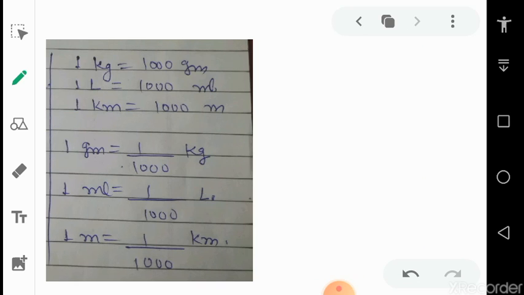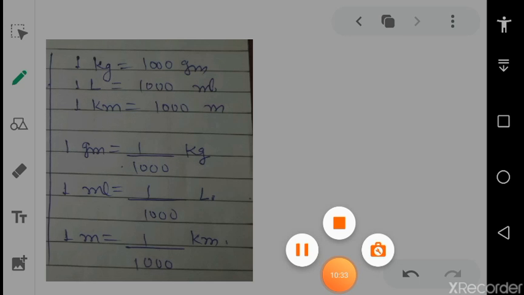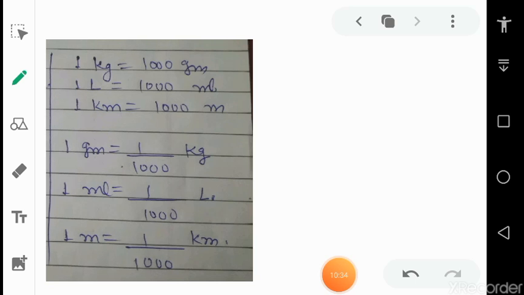Alright. Now see, here I want to tell you some conversions, and there is a very close similarity between different units and their conversions. See the first three conversions here inside the bracket. 1 kg equals 1000 gram, 1 liter equals 1000 milliliter, 1 kilometer equals 1000 meter.